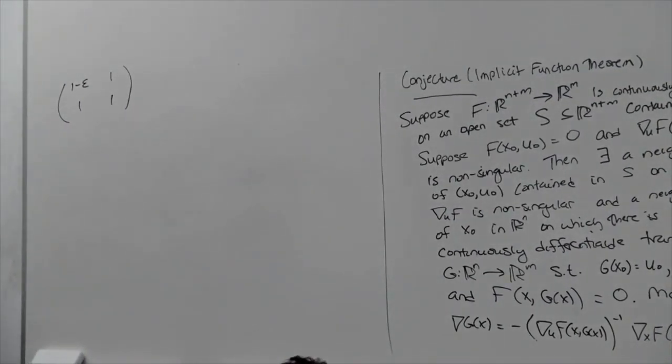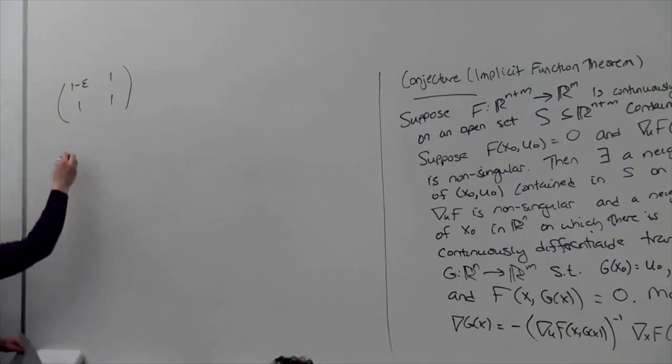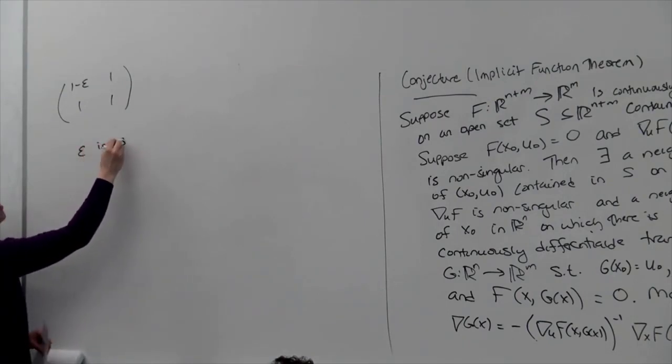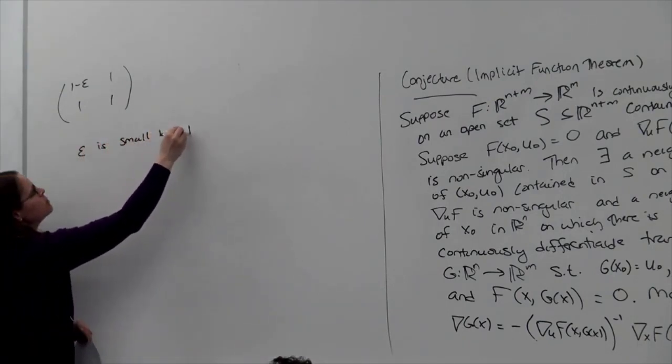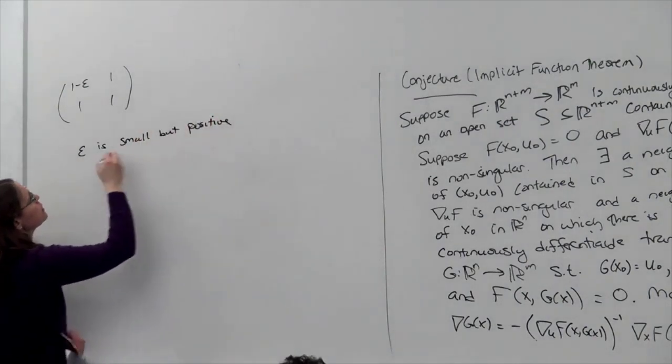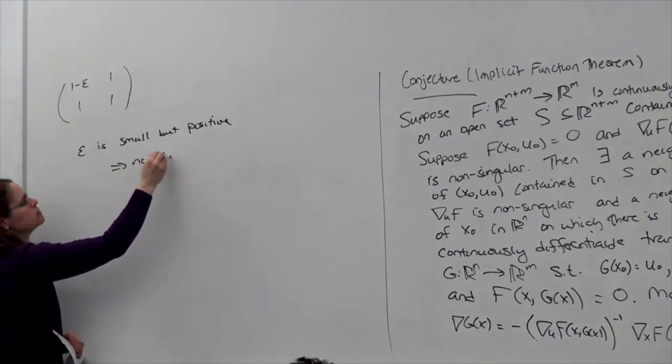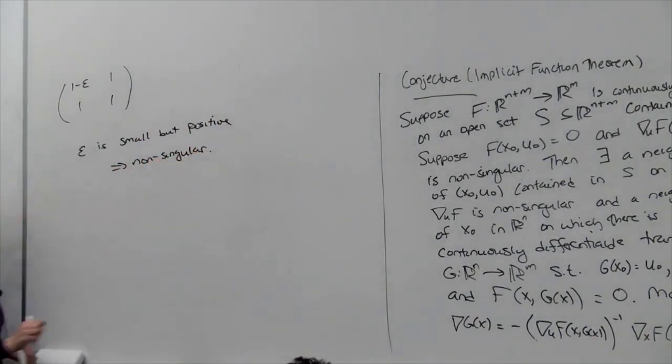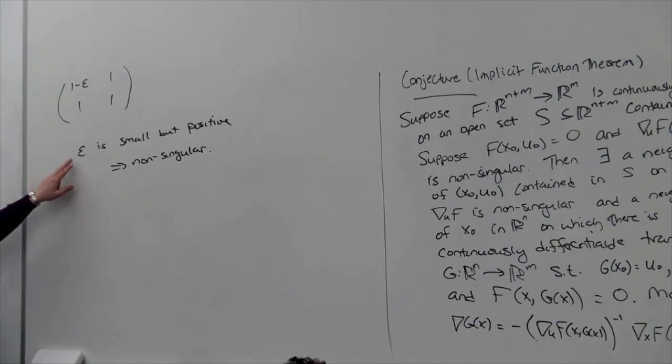Okay, so we're picking an epsilon now. At our reference point, this is not singular, right? So epsilon is not 0 at our reference point. So maybe epsilon is small but positive. Okay, so non-singular. Now, I'm not saying this can't eventually become singular. I'm saying there's a neighborhood on which it's not, right? So if I take this right down to 0, varying it by an amount epsilon, there's a problem.